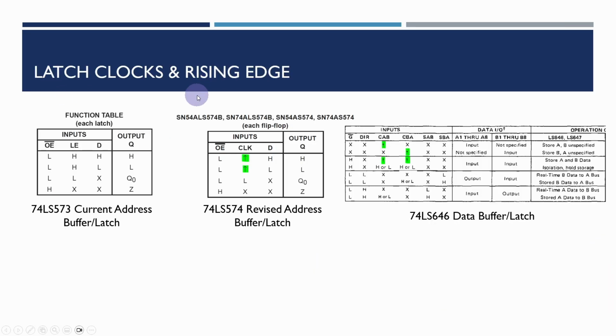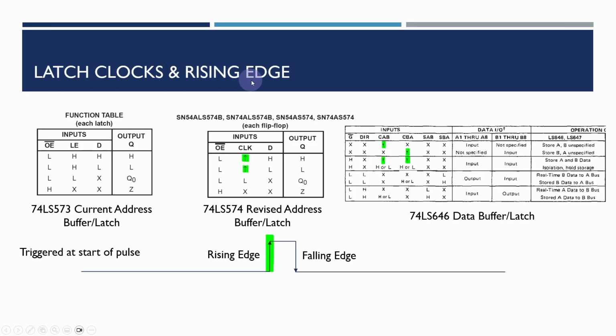It's worthwhile noting that the latch clocks on rising edges. So a lot of latches are actually triggered on a rising edge. If you want something triggered at the start of a pulse, then the rising edge is this one here. So you'll see that, in fact, the 574 latch and the 646 latches that we use work on rising edges.